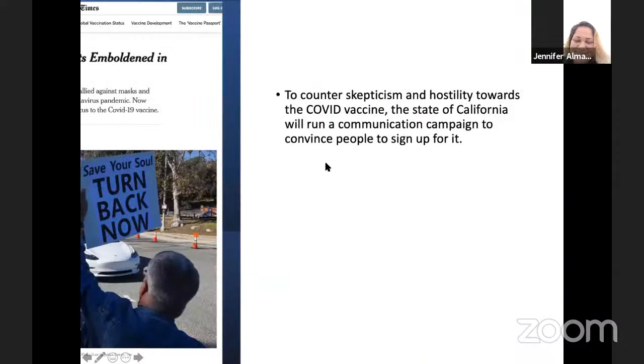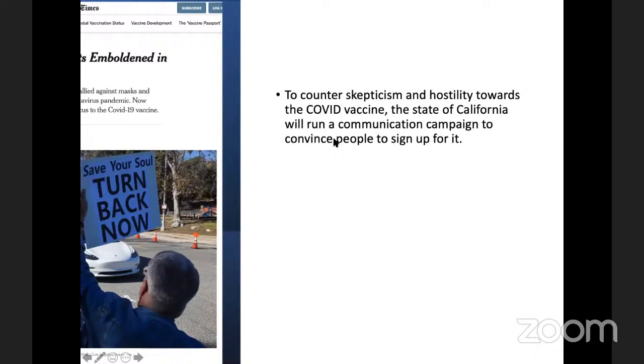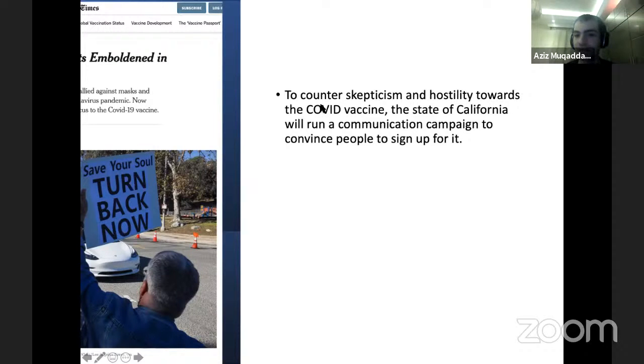Thank you. So here's an example. Let's say you're working now for the state of California. They hired your agency or firm, and probably you've heard what happened at Dodger Stadium in LA. Some people were harassing others who wanted to take vaccination.